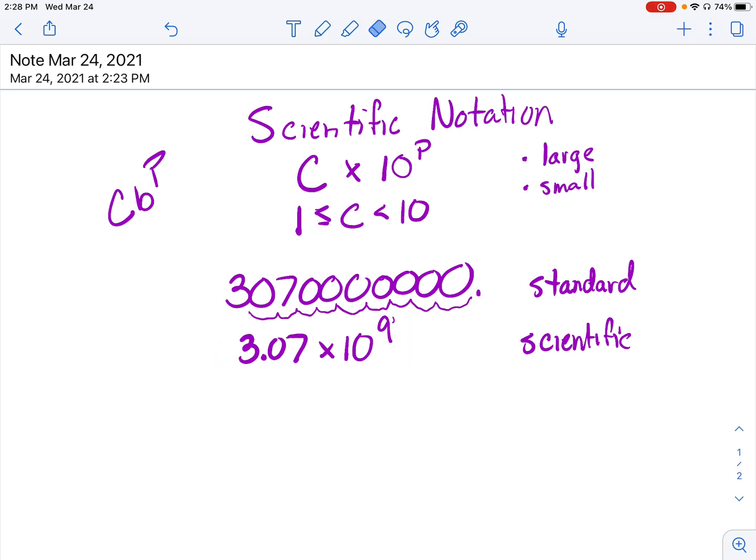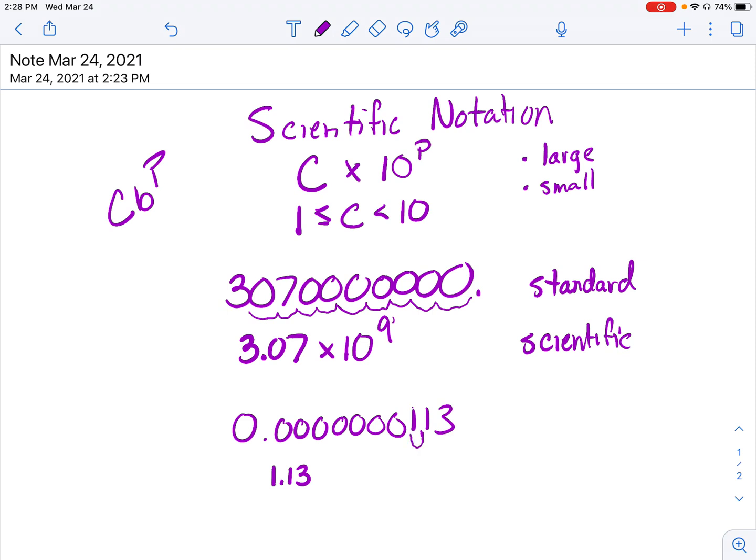Going the other way, let's say I had a number of 0.00000000113. And then if I look here and I can say, well, gee, I'd want to get to 1.13. How would I do that? How would I move the decimal from here over to where it is?